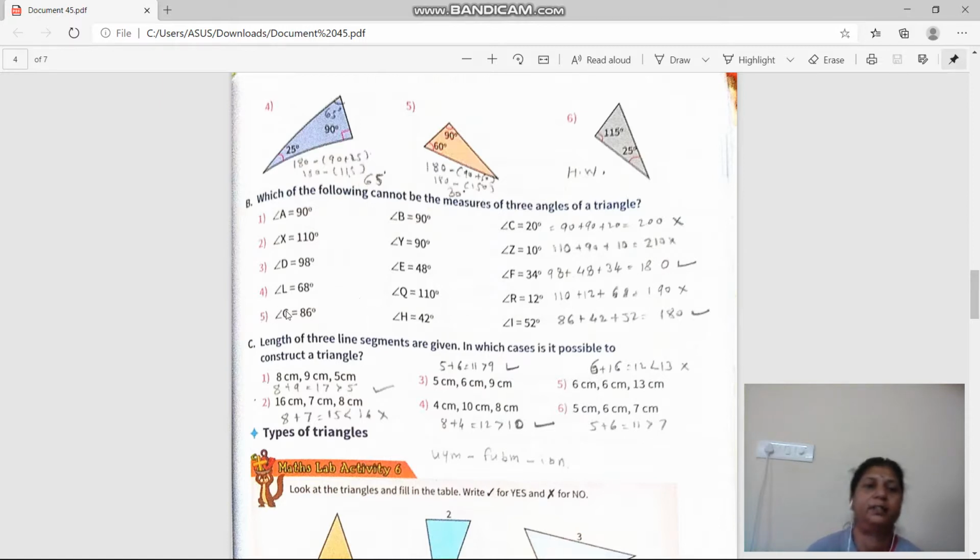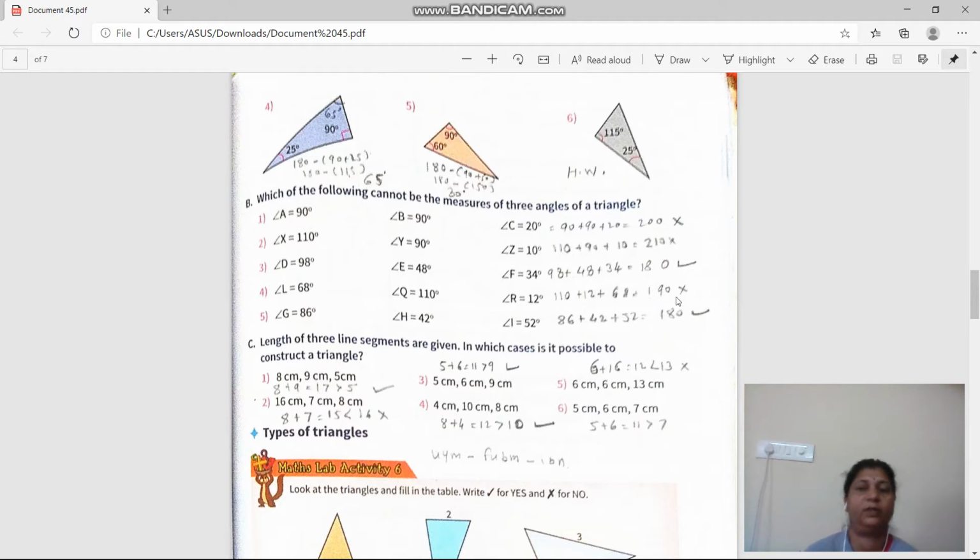And next, angle P is 68, angle Q is 110, and angle R is 12. So let's take the addition. 68 plus 110, we get 178. So 178 plus 12, what do we get? 190. Is 190 the addition of angles of a triangle?